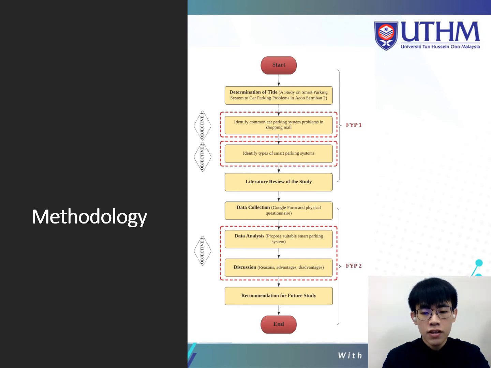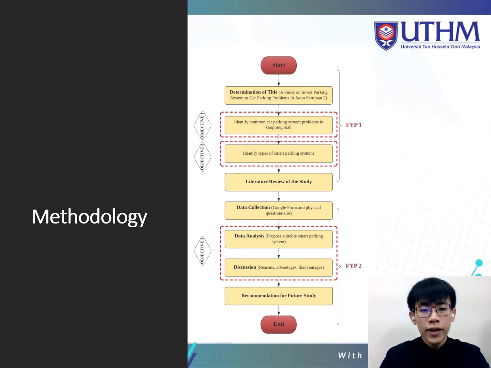FYP1 consists of determination of title, problem statement and objective of the study, literature review, whereas FYP2 consists of the rest of the study, which are data collection, compilation and analysis of data, discussion of results, conclusion, as well as recommendation for future study.